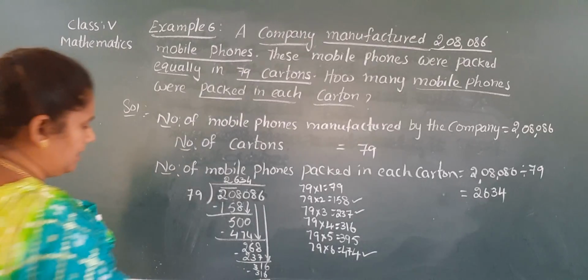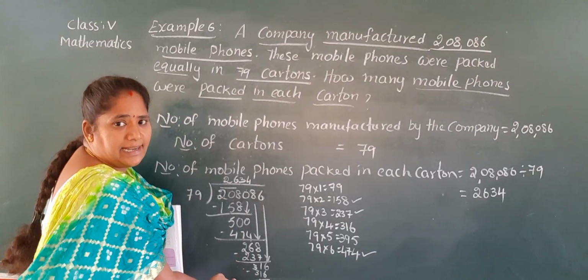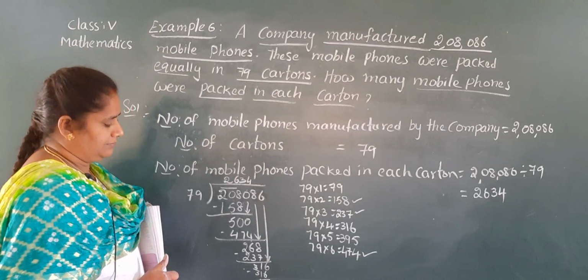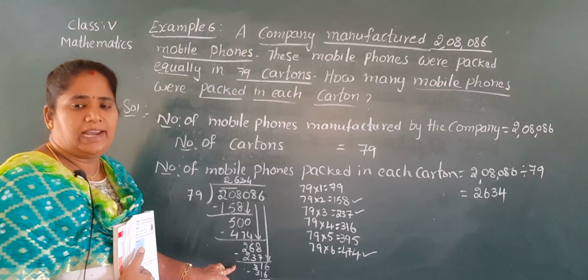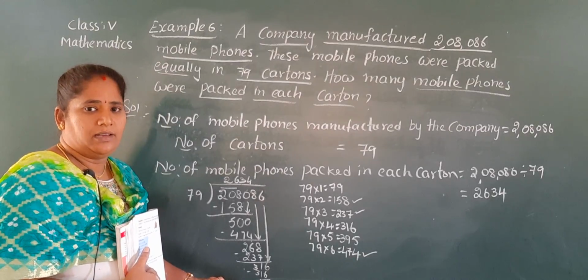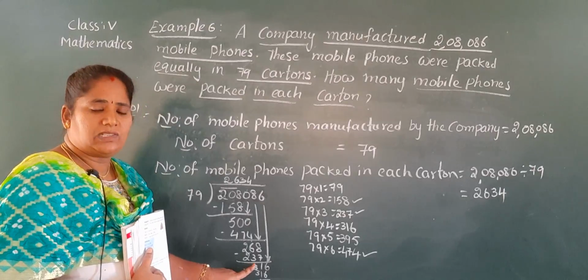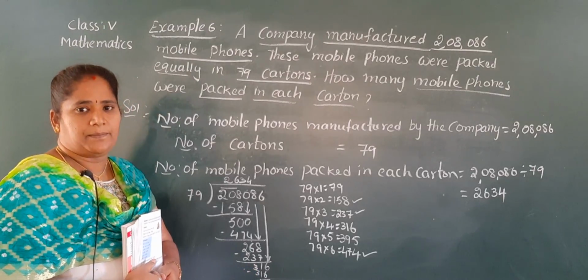See, children, here this is 316 minus 316. Okay. 316 minus 316. If you can't see this, write it down. 316 minus 316.